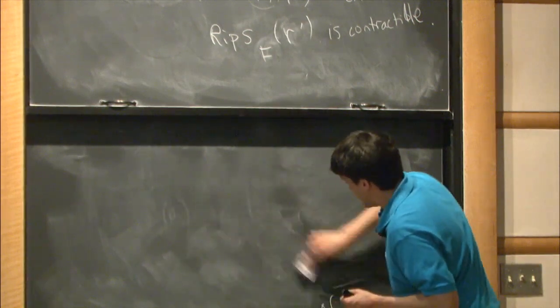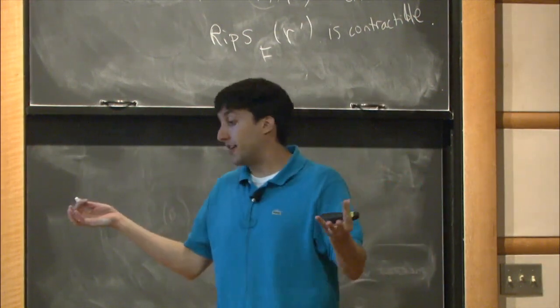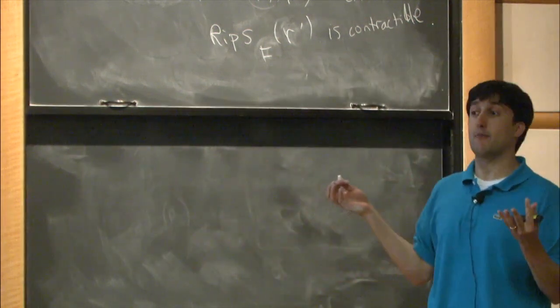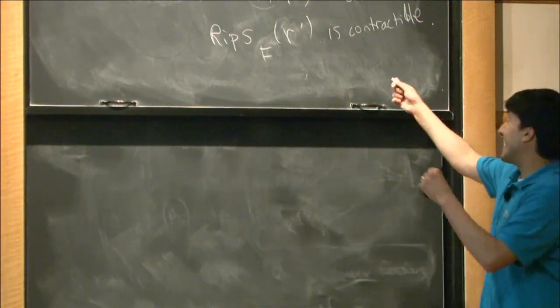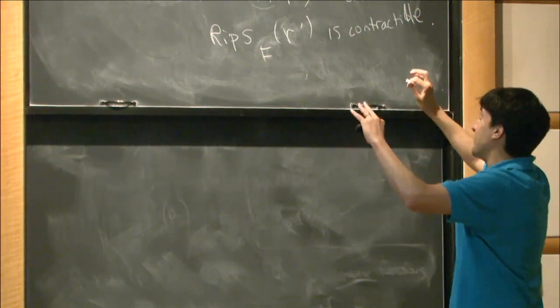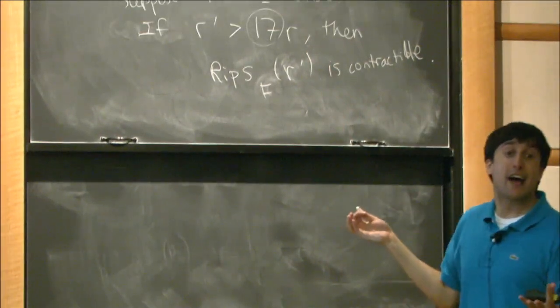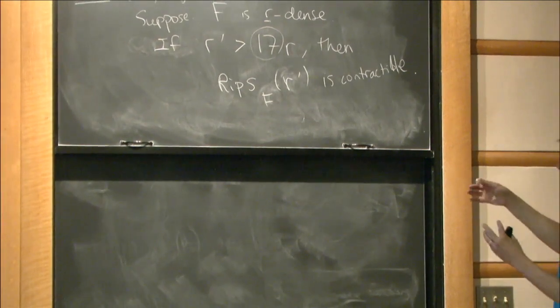What we'd like to do is compute the homology of a Rips complex of a grid of points on our manifold that is R dense for some R. And then what we're saying is we have to make it either 17 times more dense or 8.5 times more dense than that set of points.